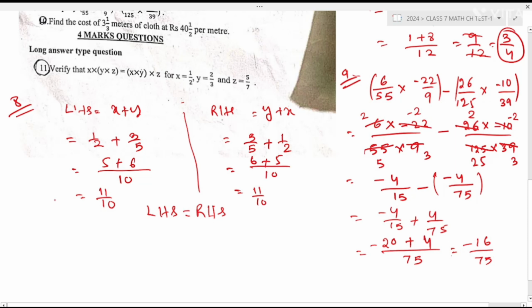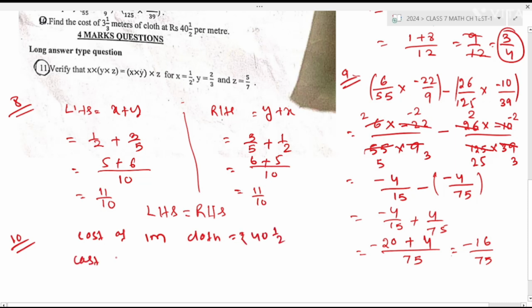Okay, now next question, question number 10. Find the cost of 3 whole 1 by 3 meter of cloth at rupees 40 whole 1 by 2 per meter. It means the cost of 1 meter of cloth is equal to 40 whole 1 by 2 rupees. Yes or no?